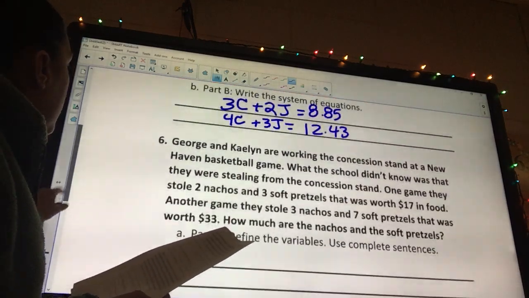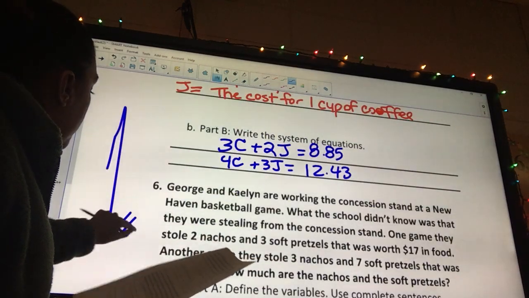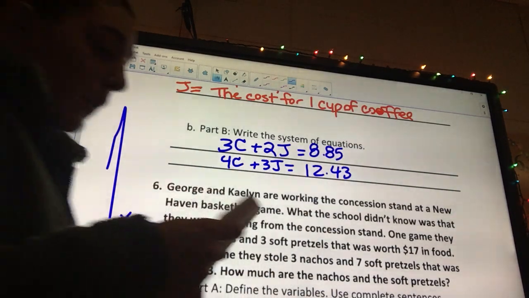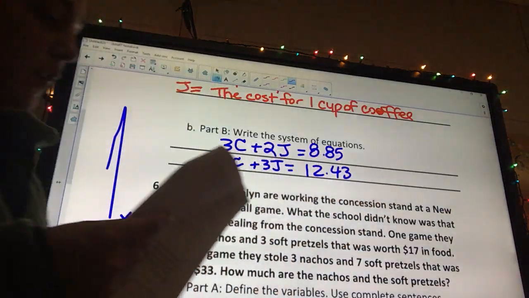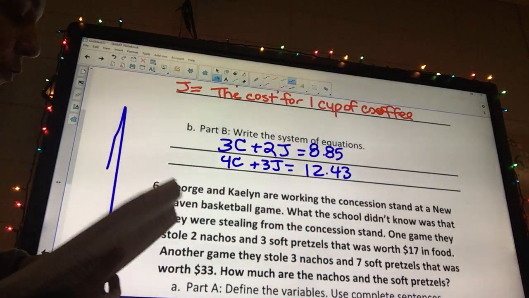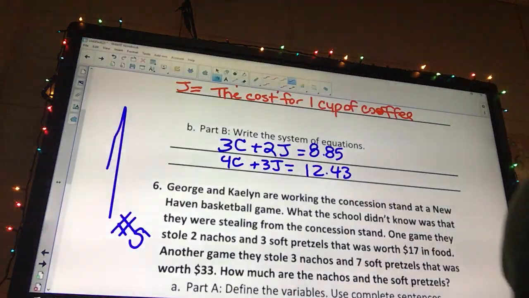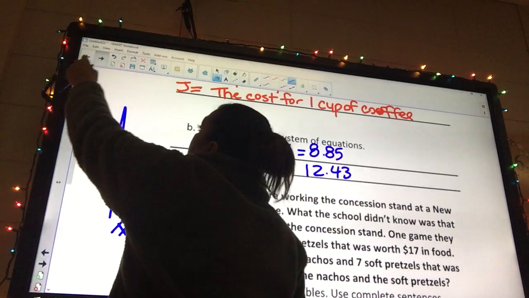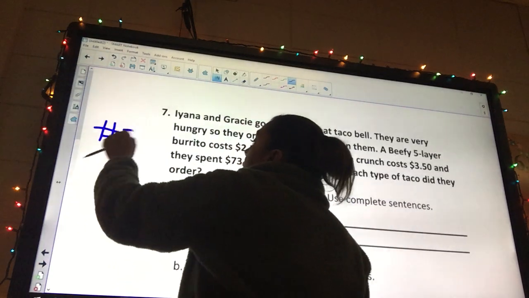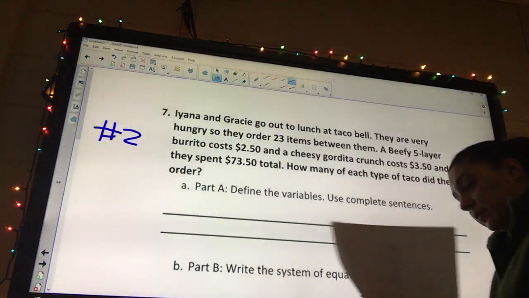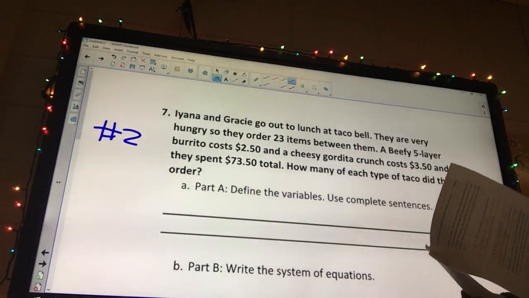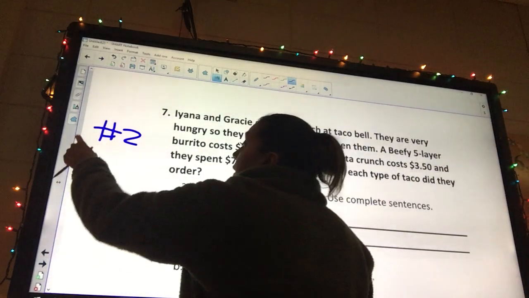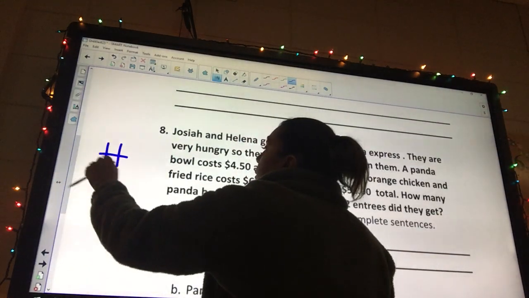So if you need help with number 6, look at number 5. They're about the same. Number 7 is going to look a lot like number 2. Number 8 is also going to look a lot like number 2.